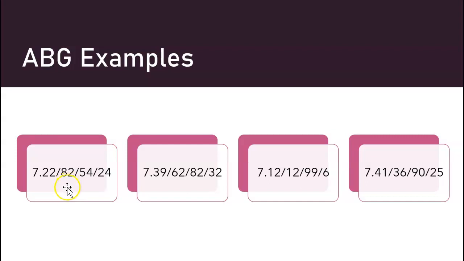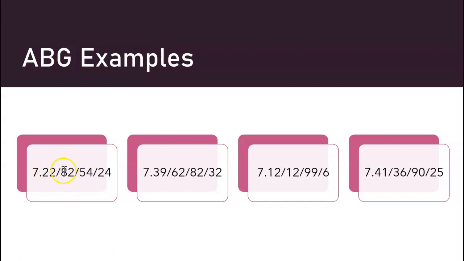Then we're just going to jump over to our bicarb, and we'll come back to our PaO2. The bicarb is 24. That is considered normal. So our bicarb is normal, so we're going to call this an acute condition. This would be uncompensated because we are not fixed.